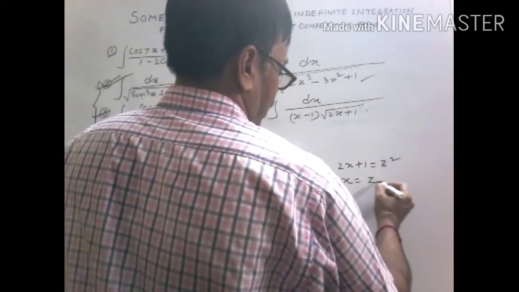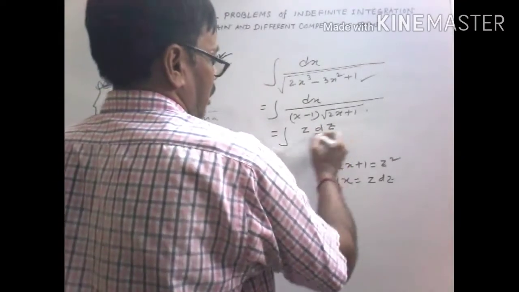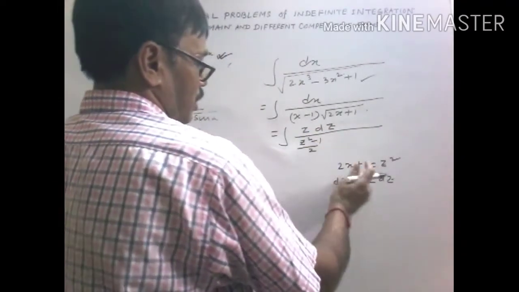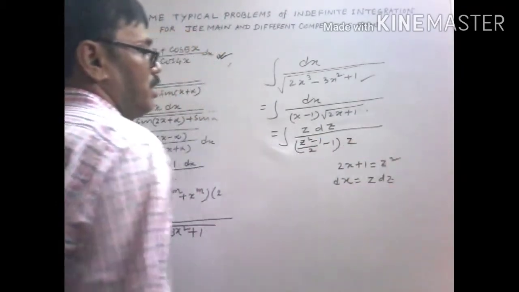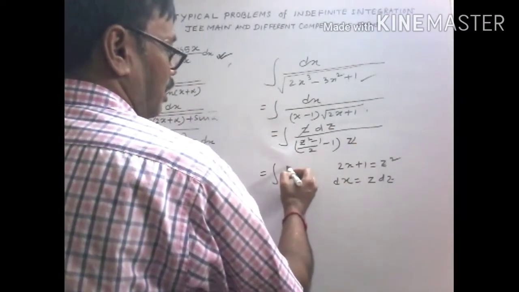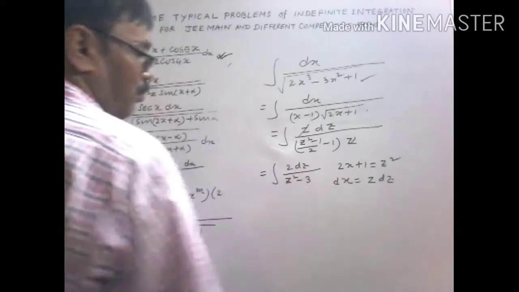So dx equals z dz. So what is dx? z dz. Now what is x? x is z square minus 1 by 2. This is x, again minus 1. And this is root over z square, which is z. So z cancels. So finally what we are getting is 2 dz by z square minus 2.